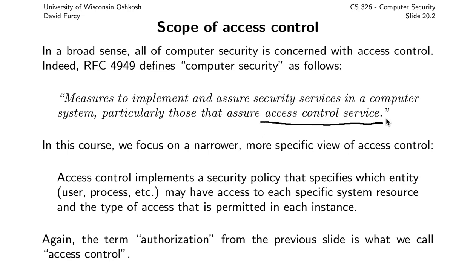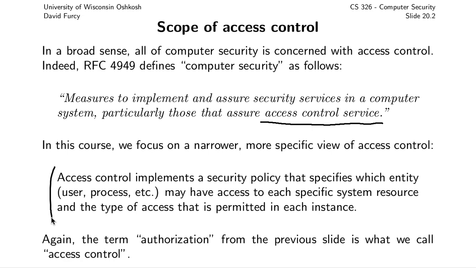So in a way, in its definition, computer security is almost equated with access control. This is clearly a very broad sense of the phrase access control that's almost equivalent to the entire field of computer security. And even though that kind of makes sense, in this course, we're taking a more narrow meaning for the phrase access control.